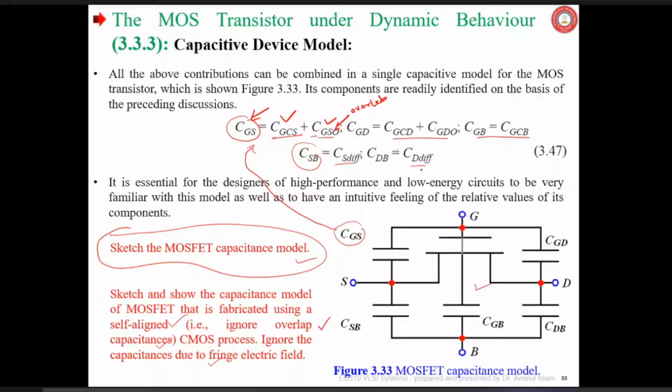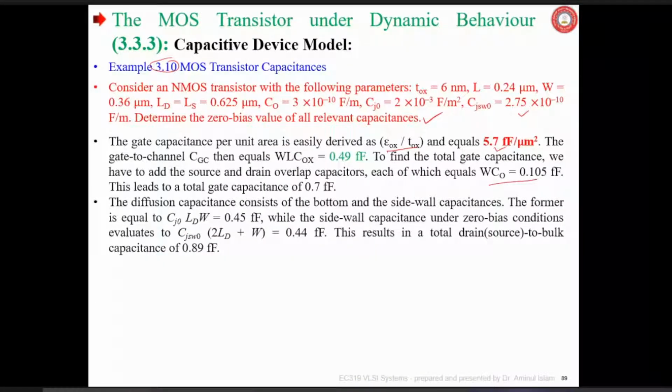We have discussed overlap. Here also CGD includes the overlap portion of the capacitance on the drain side. CGB is the gate to body capacitance, CSB is the source side diffusion capacitance, and CDB is the drain side diffusion capacitance. I hope you understand that, because we have already discussed and shown this.